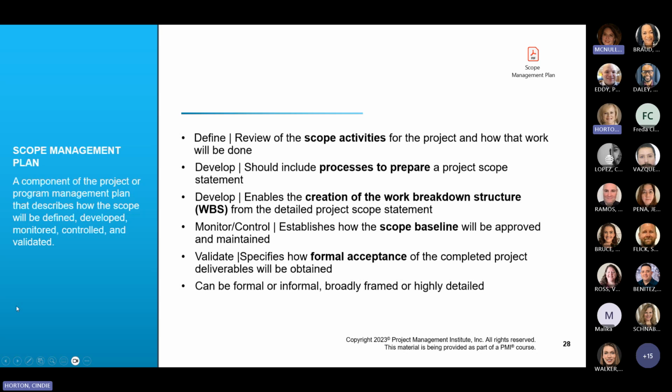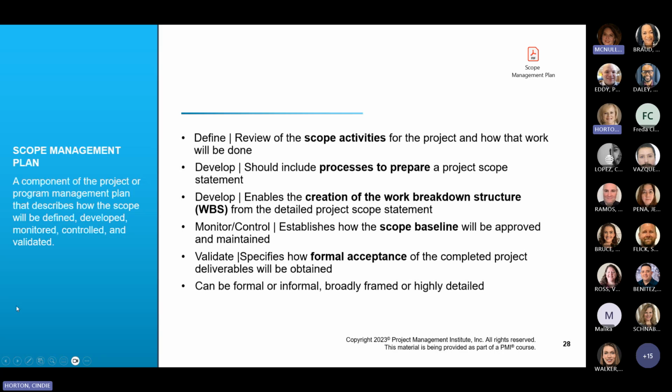Moreover, the scope management plan can be formal or informal, broadly framed, or highly detailed. Lastly, information previously captured in either the business case or the charter regarding the scope of the project can be copied and included in the scope management plan. This includes the consideration of assumptions and constraints and other influences.